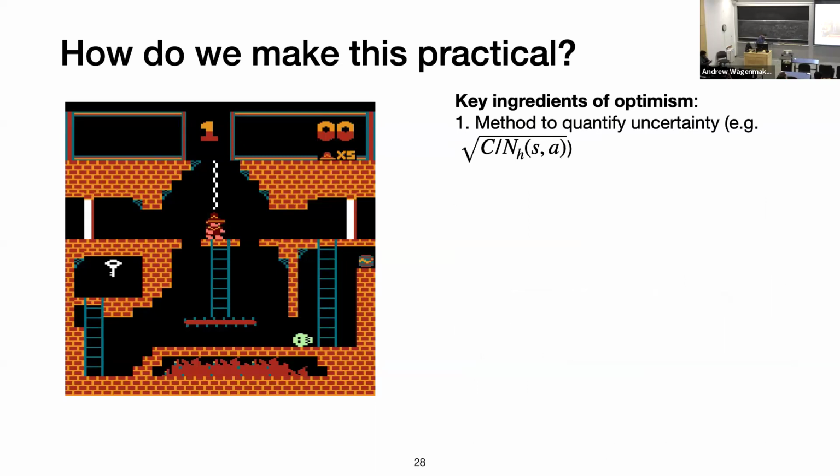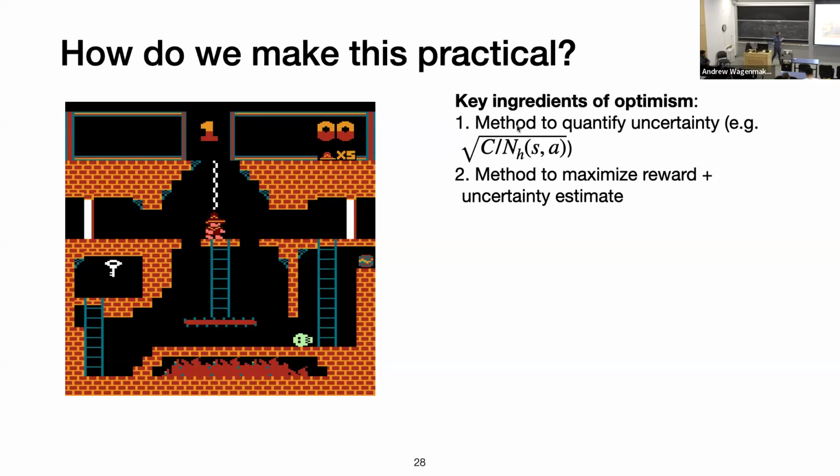So let's think a little about what optimism is actually doing. There are really two key ingredients to optimism. The first is simply the method to quantify the uncertainty. In the cases we've looked at so far, that was the square root of C over the number of times I visited a state. The second piece is some method to maximize reward plus the uncertainty estimate. As was pointed out, we can think about what optimism is doing as reward shaping.